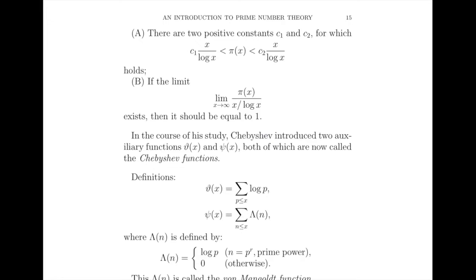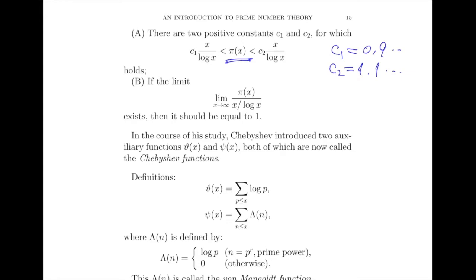First, pi(x) is in between c1 times x over log x and c2 times x over log x. I don't write down the explicit values of c1 and c2, but Chebyshev obtained c1 something like 0.9 and c2 something like 1.1, so rather close to 1.